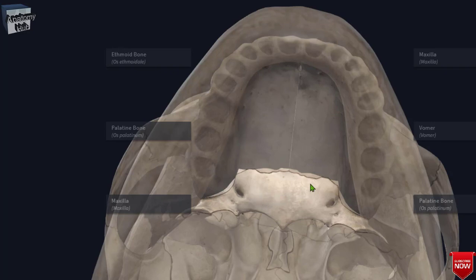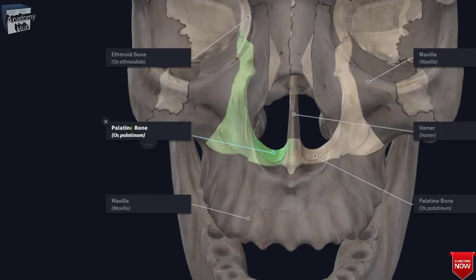These two bones form the hard palate. The superior surface is otherwise known as your nasal surface, and the inferior surface is otherwise known as your palatine surface.